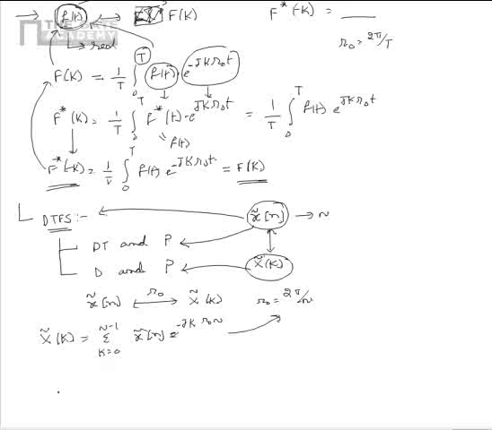Similarly, the synthesis equation, that is to get x tilde of n from the periodic x of k representation, can be written as 1 by N multiplied by sigma k equal to 0 to N minus 1 x of k multiplied by e power jk omega naught n. So here please note that as before, x of k is periodic in nature with a period N and is discrete.